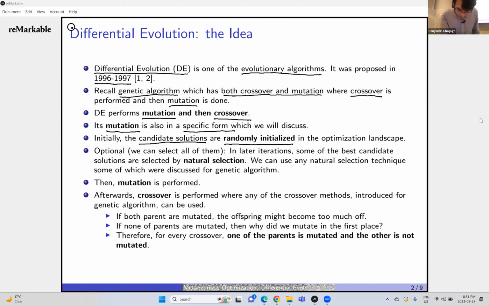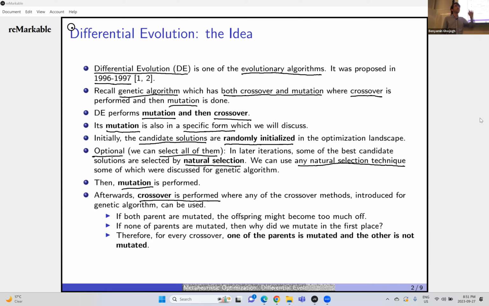So initially candidate solutions are randomly initialized or put on a grid. Then optionally, in later iterations, we can do natural selection. Either we select all of them or we do natural selection. It's optional, and we can use any natural selection technique which we discussed for genetic algorithm. Then mutation is performed. Afterwards, crossover is performed.